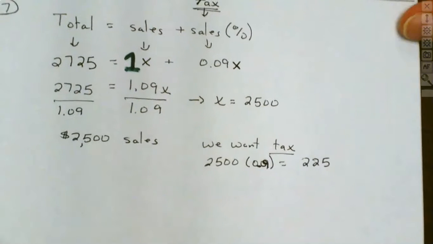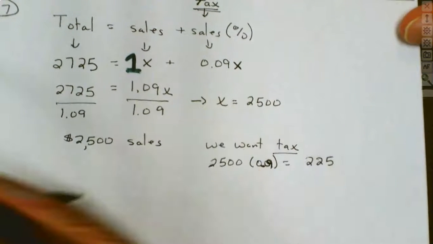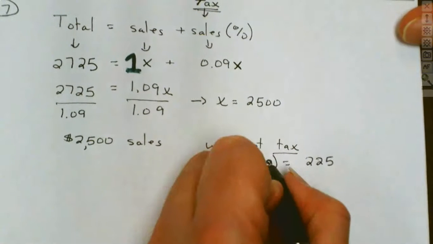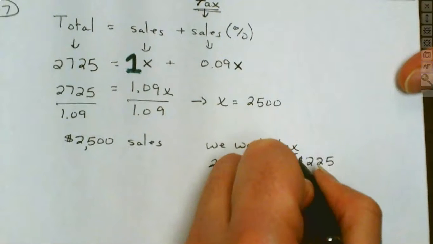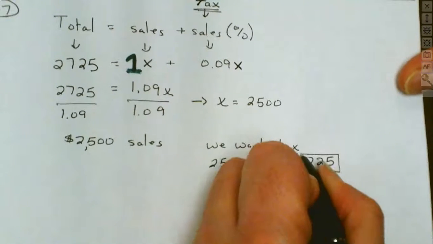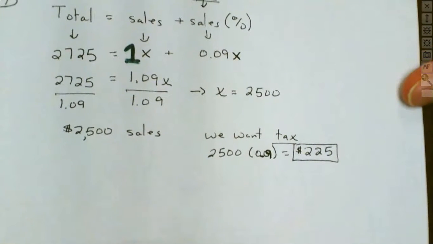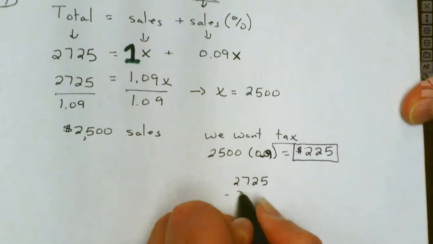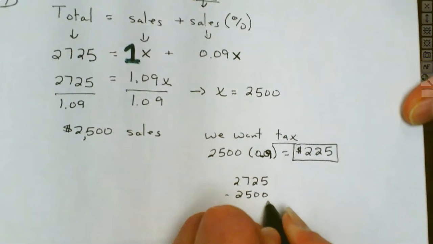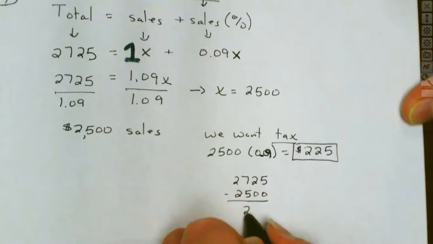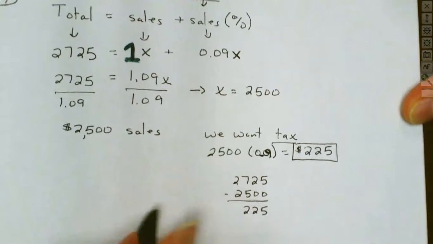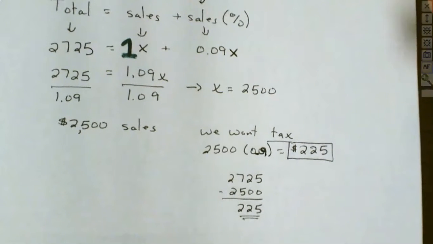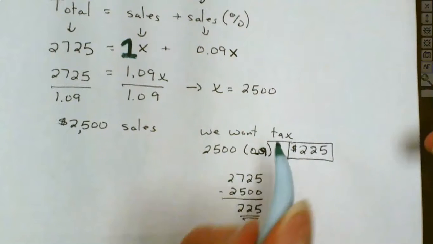So that's your taxes. Now, what would another way be? Well, another way, kind of an easier way, would be to say, I've got a total of $2,725. And if I take off that 2,500, then I should still get the same what? The same $225, right? Because that's your taxes.